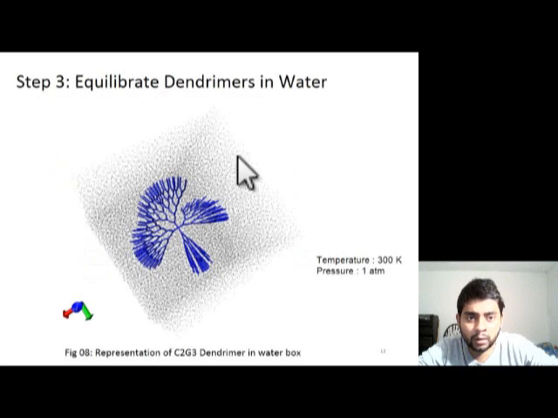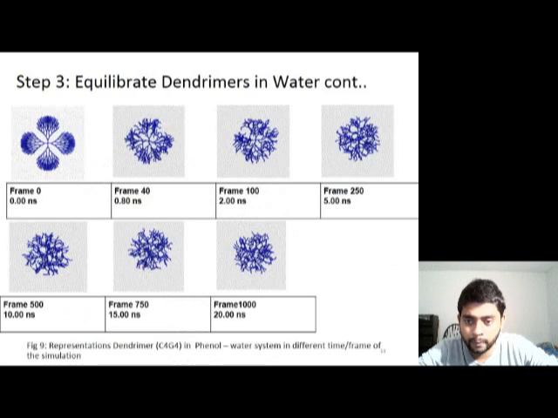This is how we incubated those dendrimers. We kept the dendrimer inside a water box and let it incubate under those conditions, 300 Kelvin and 1 atm. And this is our simulation.